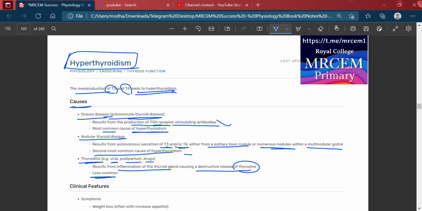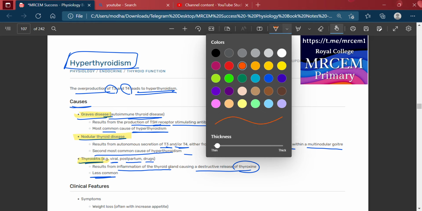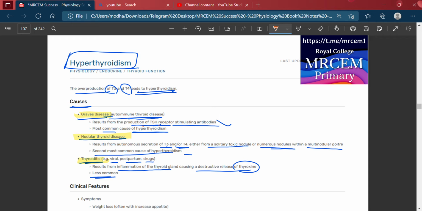So first of all Graves disease, then the nodular thyroid disease and the thyroiditis. In Graves disease, the production of TSH receptor stimulating antibodies will be there, and it is most common.